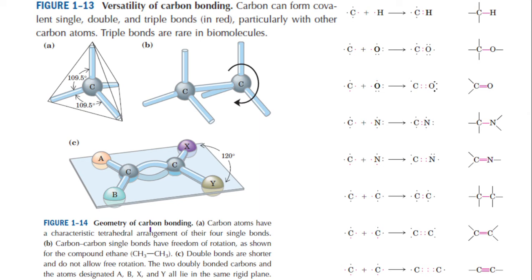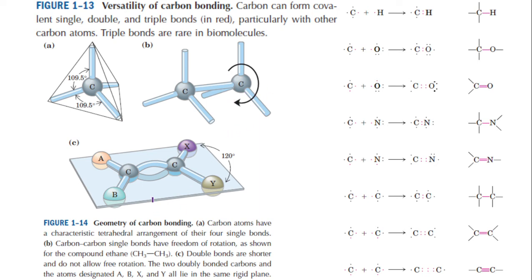And another feature is the geometry. They can have a characteristic tetrahedral arrangement of the four single bonds, and they have the freedom of rotation. You see, along this single bond, this carbon can rotate.